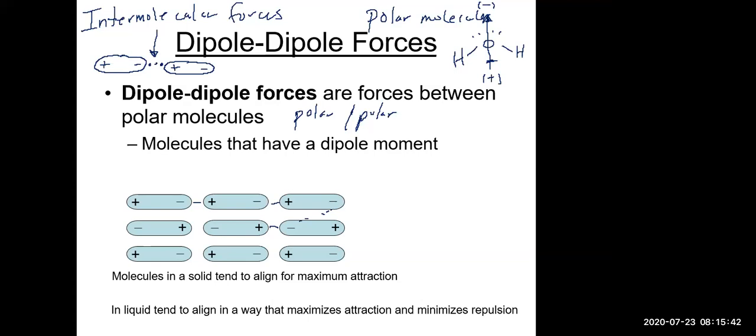Again, when you have some type of substance, it's not usually just one individual molecule in there. You usually have a ton of the same molecule, and they have to interact with each other.